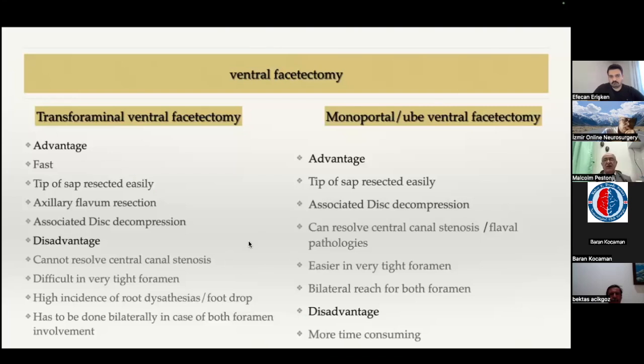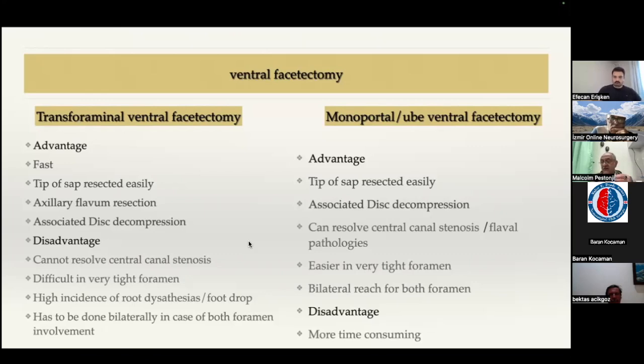So now these are the textbook things about the advantages and disadvantages. Transforaminal fast, tip of SAP resected, axillary flavum resection can be done. You can do disc decompression, but you cannot solve central stenosis. You cannot solve lateral canal stenosis in a very tight foramen if you try to put in a scope. Now, this is a very interesting study.